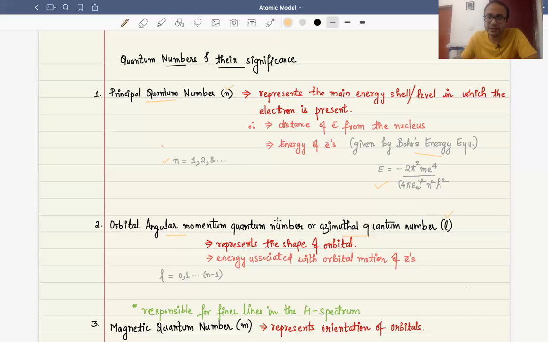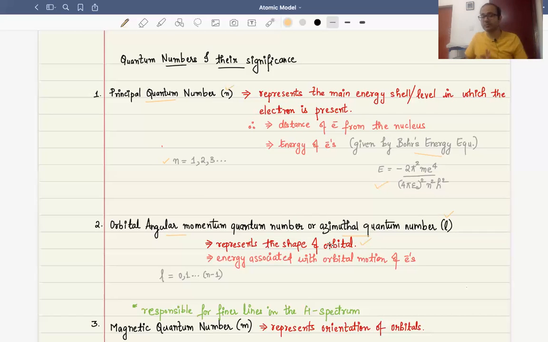We know that electrons are revolving around the nucleus, so it will always have an angular momentum. So this quantum number, the orbital angular momentum quantum number, is coming from the orbital motion of the electron. Now what does it signify? Basically, it signifies the shape of the orbital.